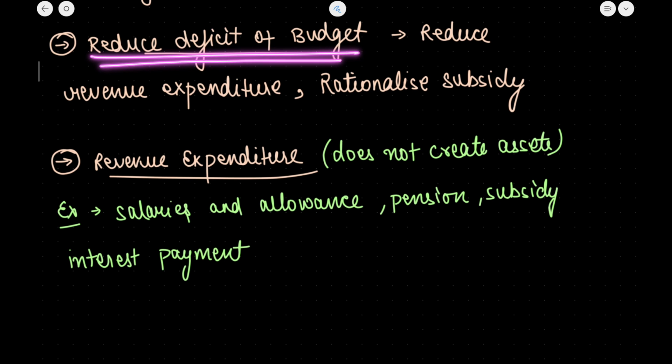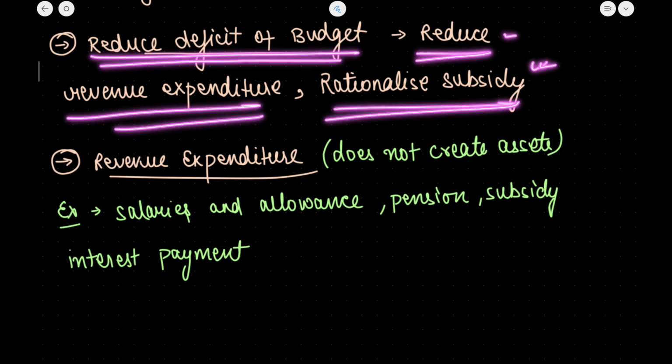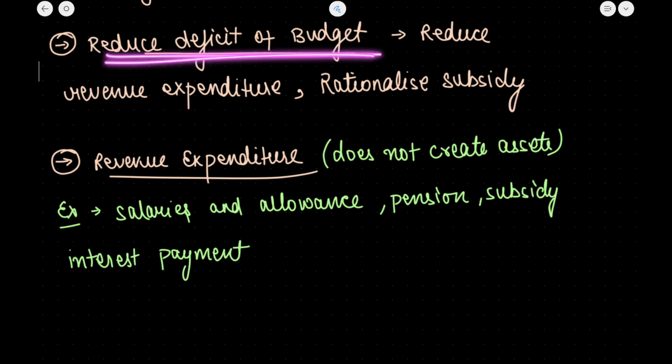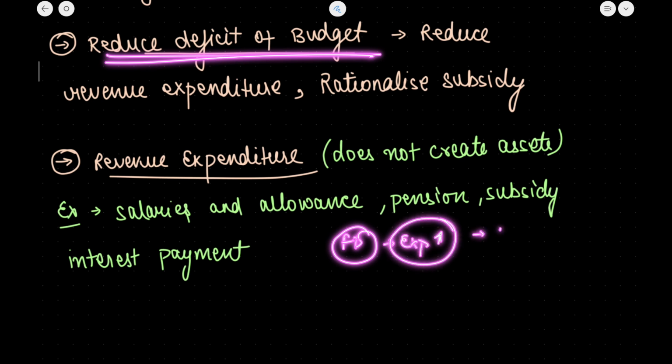Reduction of fiscal deficit of the budget: it reduces revenue expenditure and rationalizes subsidy. It means what? To reduce the deficit of the budget means the fiscal deficit, or the expenditure of government, is high. So what can the government do to decrease its fiscal deficit? First of all, it can reduce its expenditure. How can the government reduce its expenditure? By reducing the revenue expenditure.